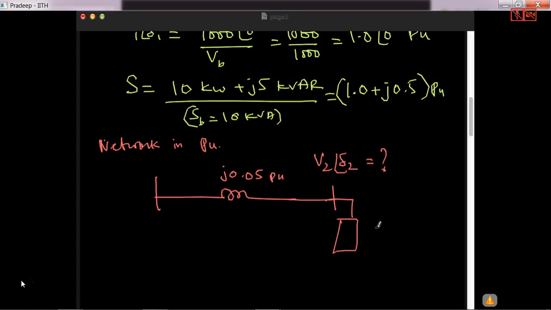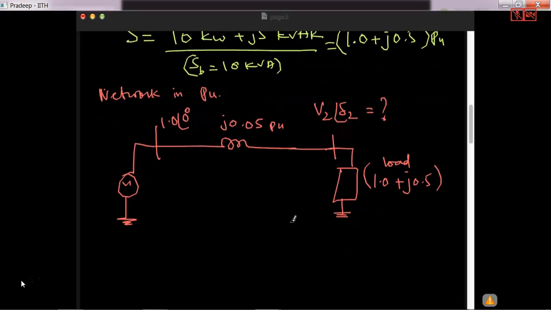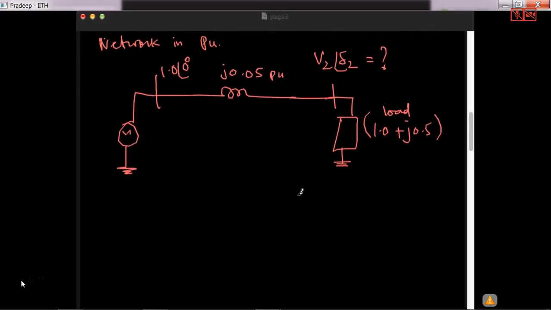Then I have the load 1.0 plus J 0.5 per unit. This is the load. And then this is the generation. So here the angle is 0 degrees and V1 is 1.0. So that is step 1 completed.